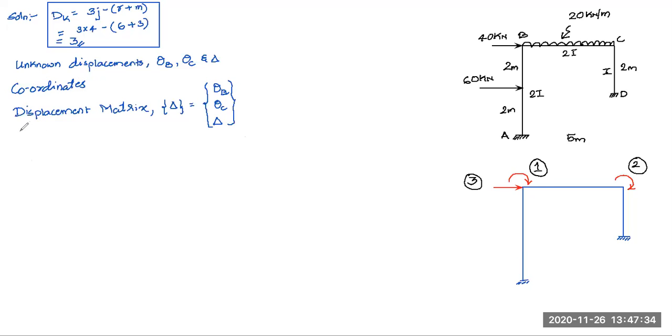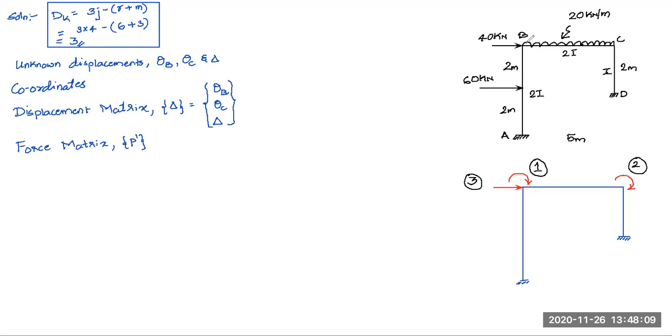So this is the force matrix and this is P dash here. How do I obtain this P dash? P dash can be obtained by arresting all the displacements in the coordinates. I'll restrict all the displacements in the coordinates.